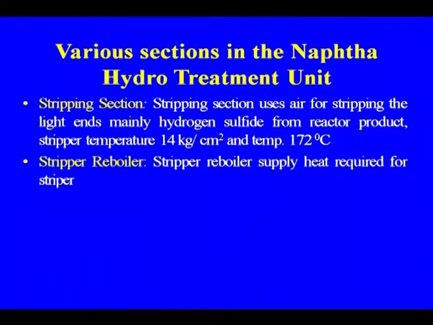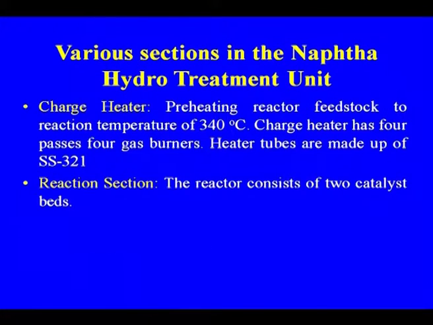Stripper reboiler supplies the heat required for the stripper. Charge heater: preheating reactor feedstock to reaction temperature of 340 degrees centigrade. The charge heater has 4 passes, 4 gas burners. Heater tubes are made of stainless steel 321.